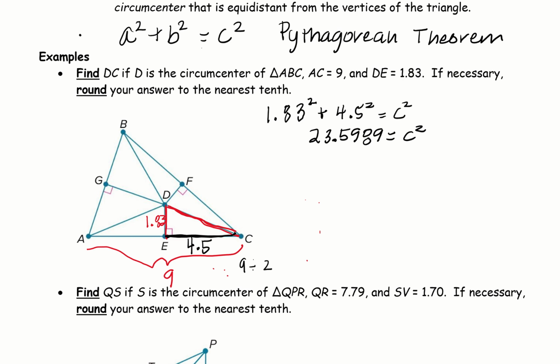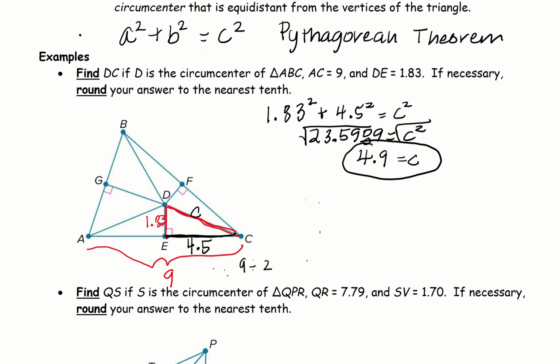If we want to find out what c is, not c squared, which is the length of DC, we are going to square root this side and square root this side. If you square root c squared, it just gives you c. And if you square root 23.5989, it will give you 4.9 rounded.